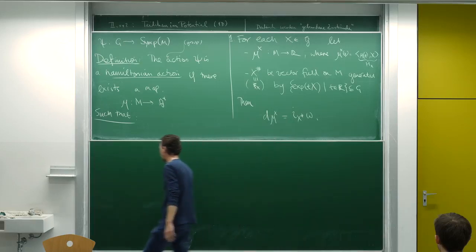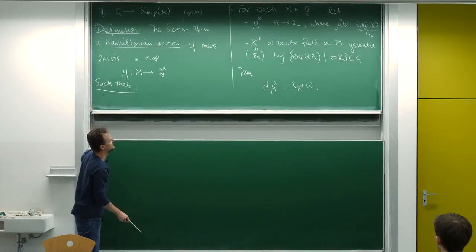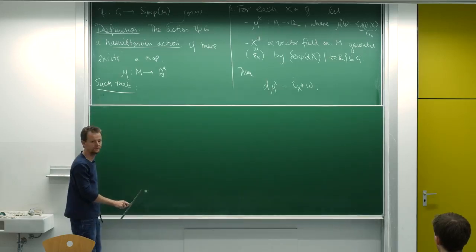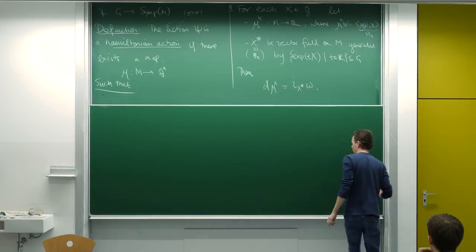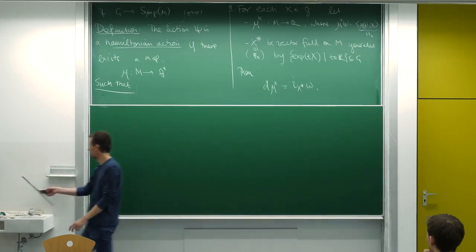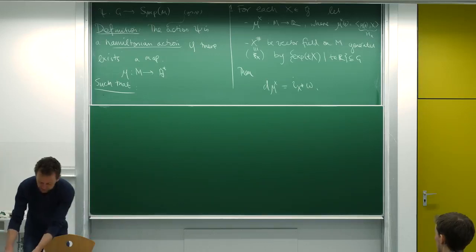But when you've got a globally non-trivial phase space, then it's not always possible. So you have to capture what it is that's going wrong and make it a condition. And that's what we're going to do in the second part of this definition.